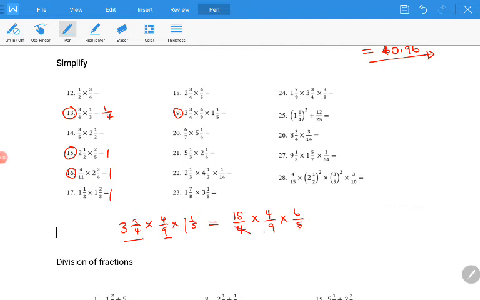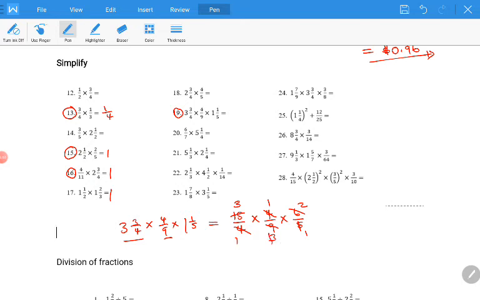This 4 and this 4 divide and cancel each other out, then it becomes 1. Then here, if we divide by 3, we get 2 here and we get 3 here. And this 5, it gets into 15 and we get 3 here.